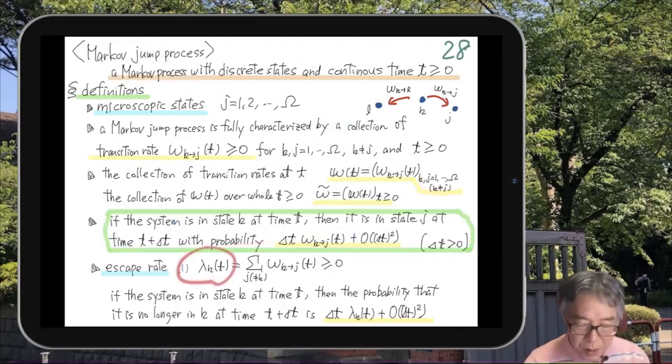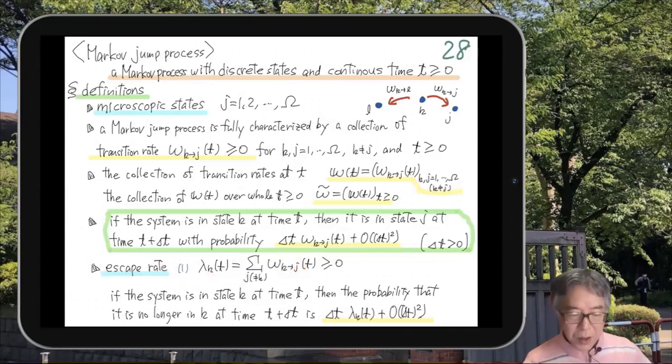And here I define a new quantity called the escape rate. The escape rate is simply the sum of omega k to j, where I fix this k and sum over this j. And so the meaning is clear. This is a rate of jump from k to j, and I'm summing over j. So if the system is in state k at time t, then the probability that it is no longer in k at time t plus delta t is given by this.